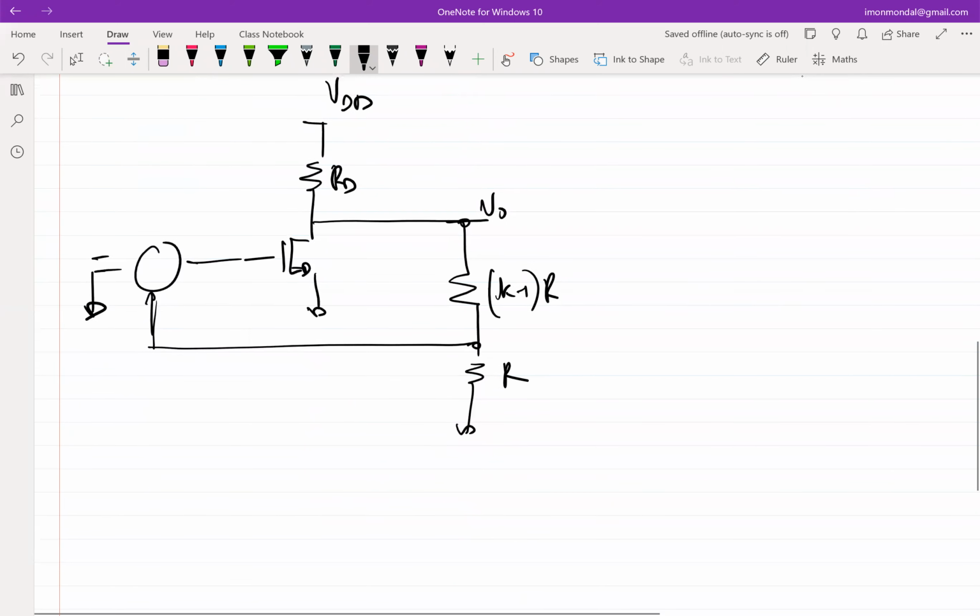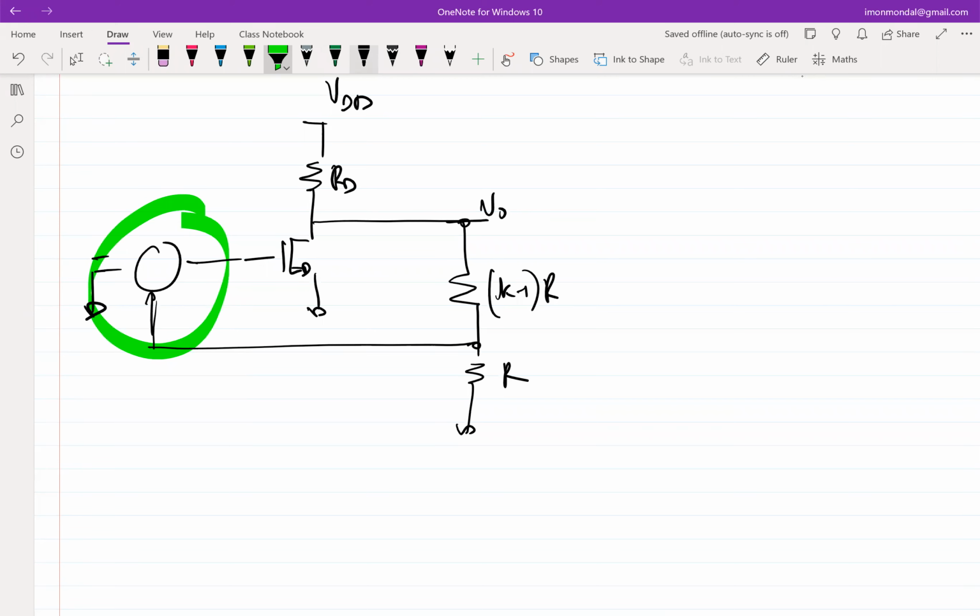The exact input is not relevant. So what I am trying to motivate here is, how do we design that?